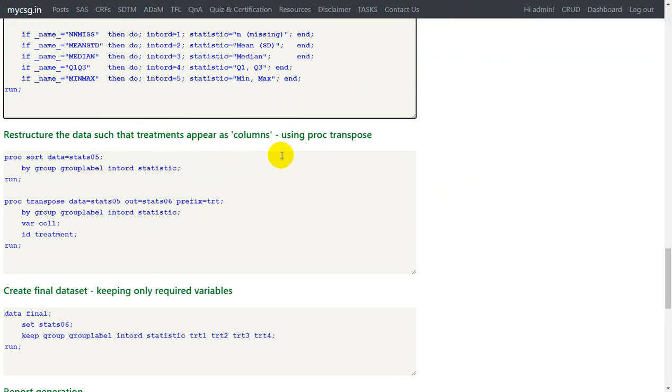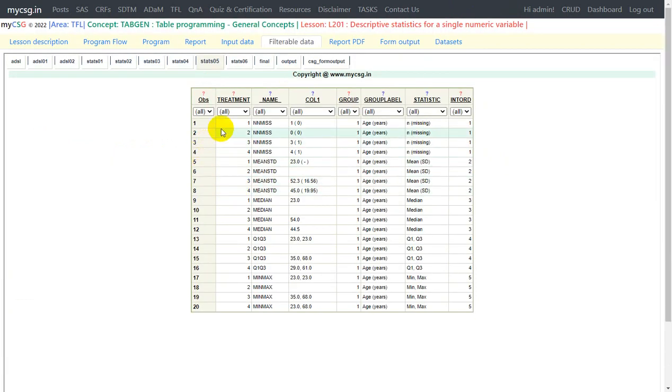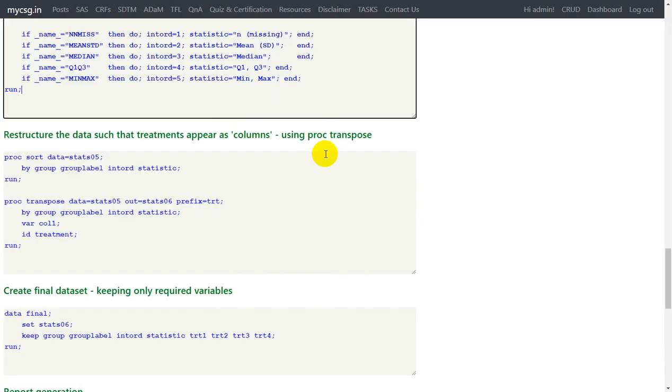So here in stat05 we still had treatments appearing as rows, but we need the treatment values to be appearing as columns. So for that we need to restructure this data again. For that we can make use of the transpose step.